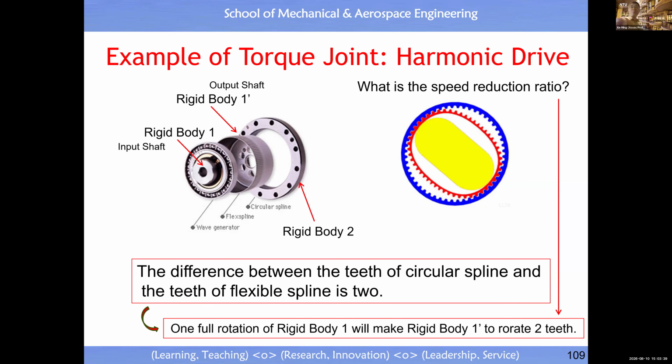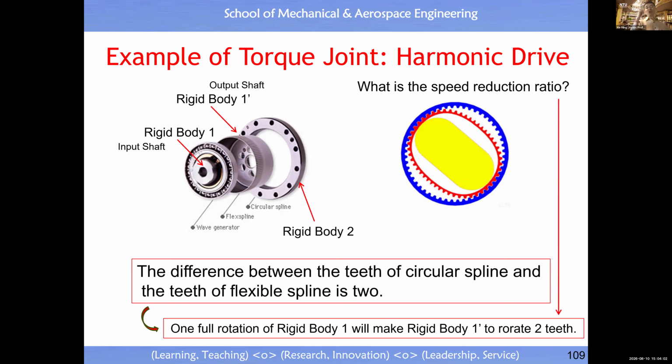Okay. And body 1 prime we call a flexible spline. From this illustration, you will see body 2 has an inner gear with teeth, right? Body 1 prime also has a gear. The only difference is the number of teeth in rigid body 2 and the number of teeth in rigid body 1 prime.